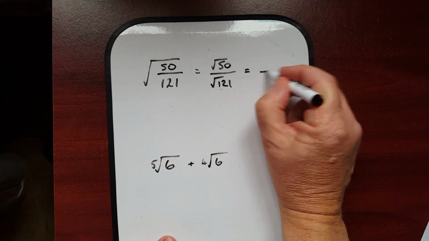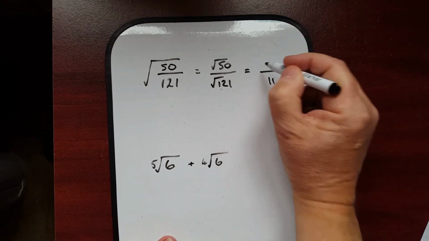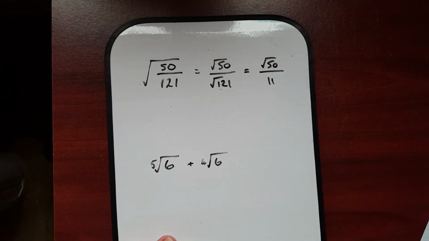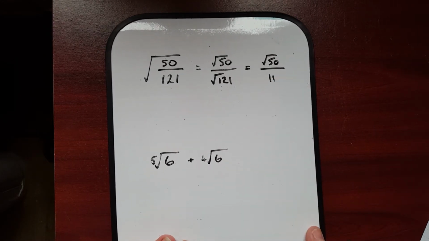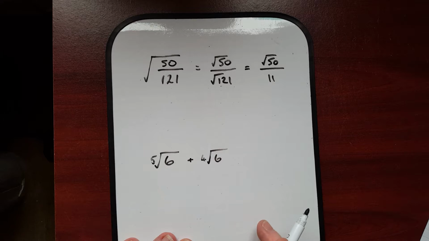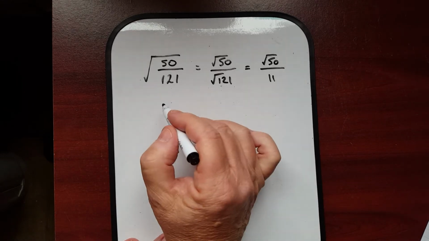Now immediately I can say that the square root of 121 is 11. So it's now the square root of 50 over 11. We've finished completely with the bottom of the fraction, but we haven't finished with the top of the fraction, because the square root of 50 can, of course, be simplified. We did it earlier.